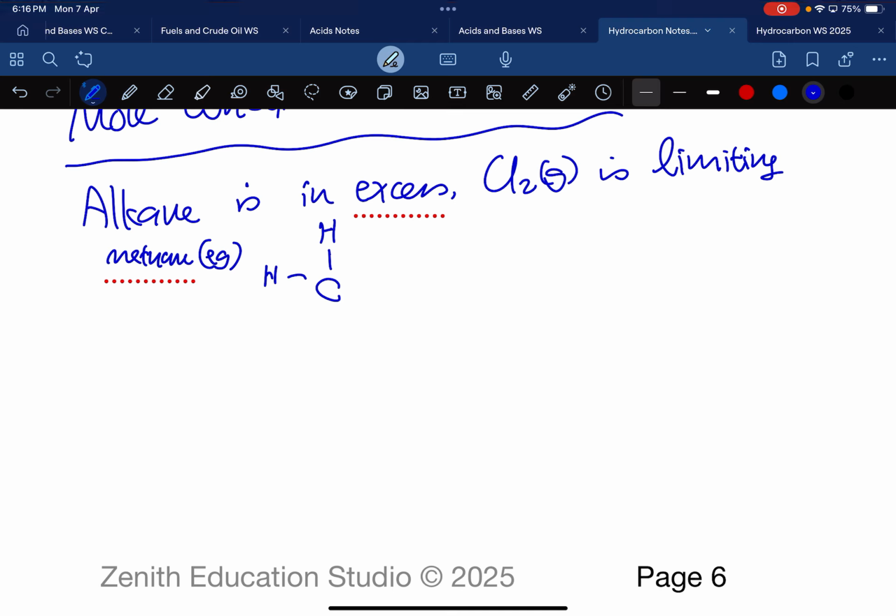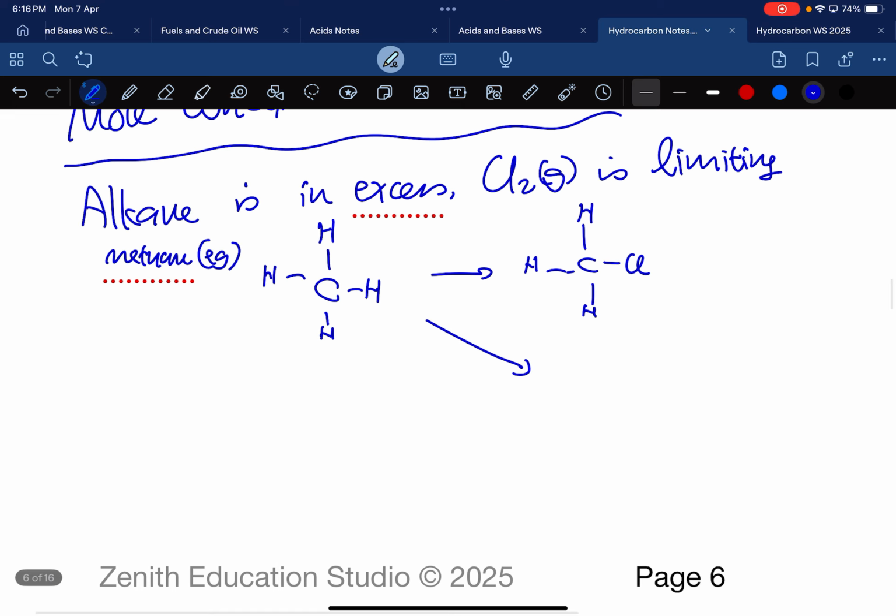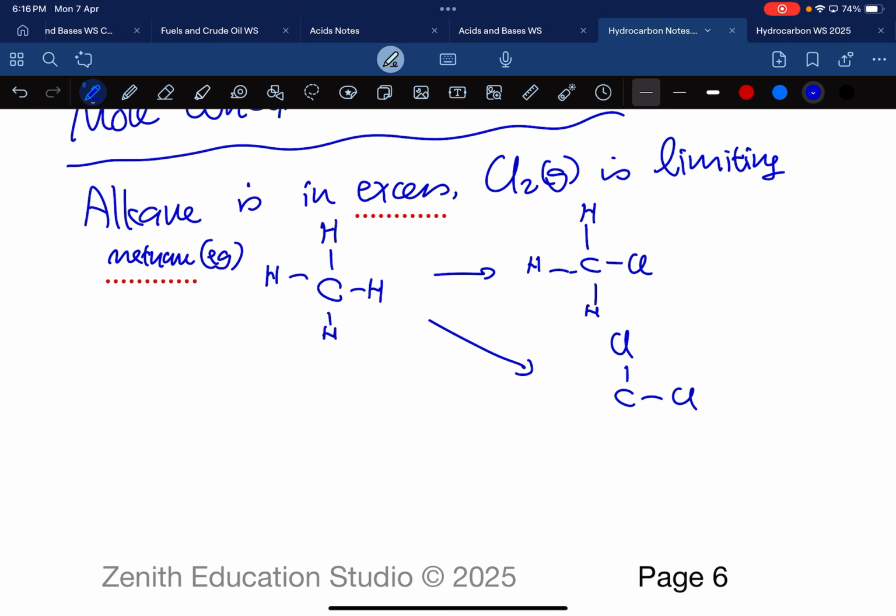Your CH4 will undergo substitution to form CH3Cl. Correct or not? But I can also undergo multiple rounds of substitution to form this.